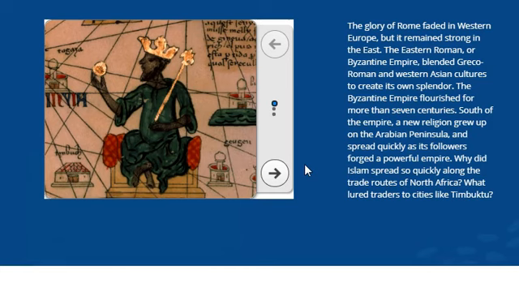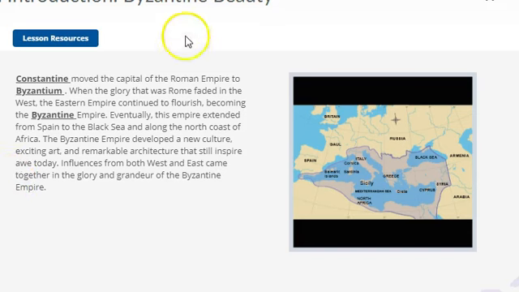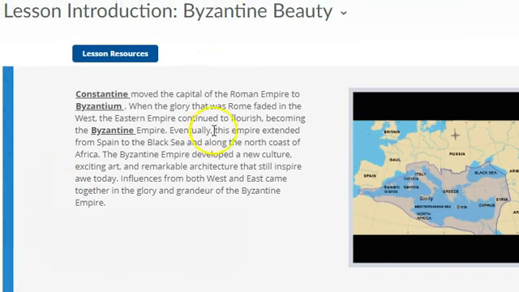South of the empire, a new religion grew up on the Arabian Peninsula and spread quickly as its followers forged a powerful empire. Why did Islam spread so quickly along the trade routes of North Africa, and what lured traders to cities like Timbuktu? On the next screen, we will get to our lesson introduction.